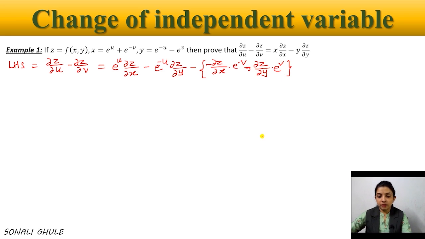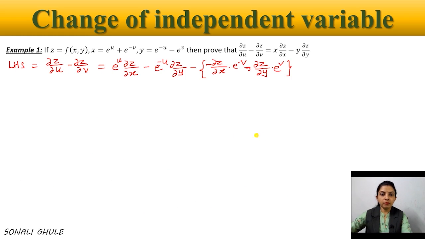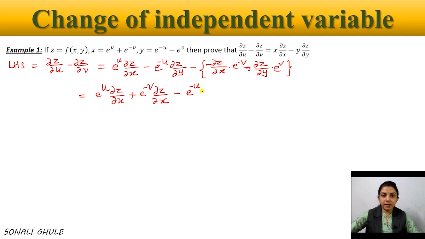Okay. Now see here, we have written the values of dou z by dou u and dou z by dou v. Now simplify the terms. So e to the power u dou z by dou x, this minus minus will be plus, e to the power minus v dou z by dou x, minus this one, e to the power minus u dou z by dou y, minus minus, this will be plus here, e to the power v dou z by dou y.